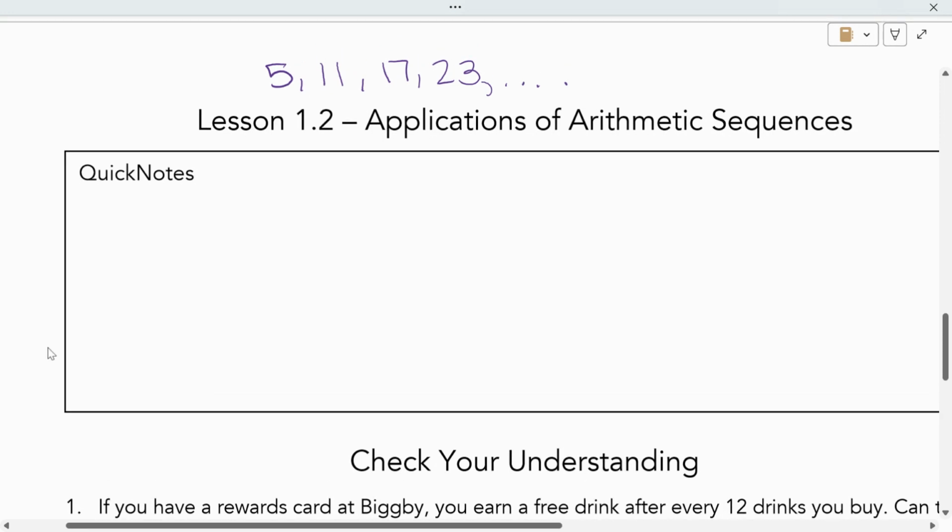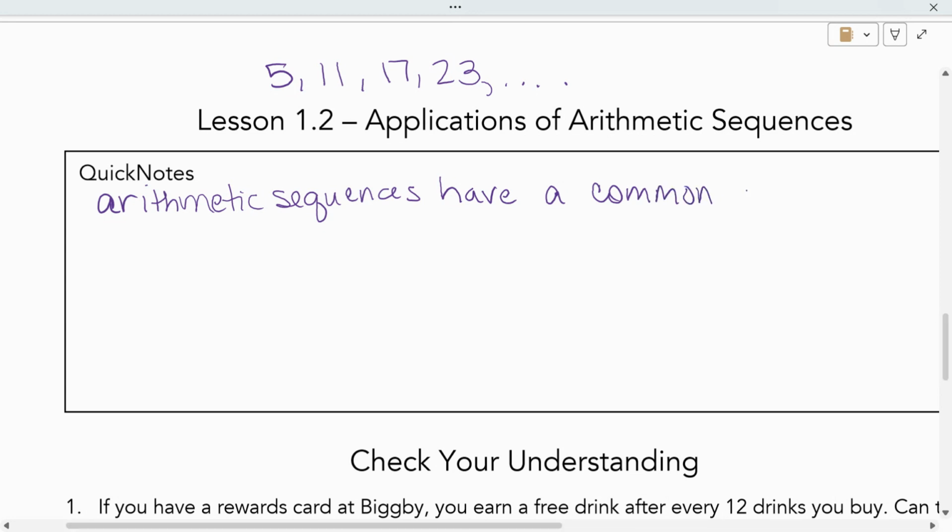Yes, so what's that word that we change it by continuously called? A common difference. Okay, there you go. So arithmetic sequences have a common difference. That's one thing that we know.